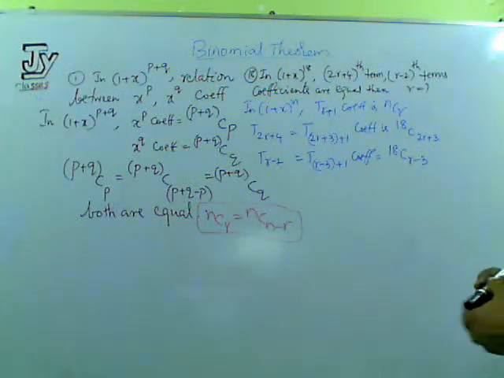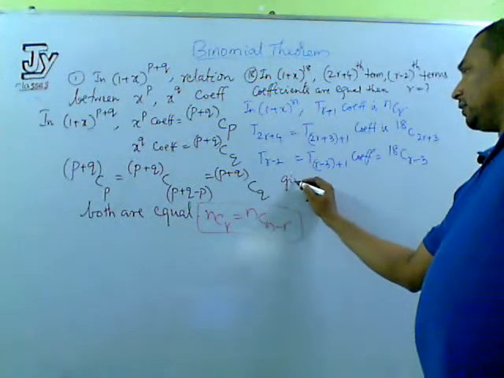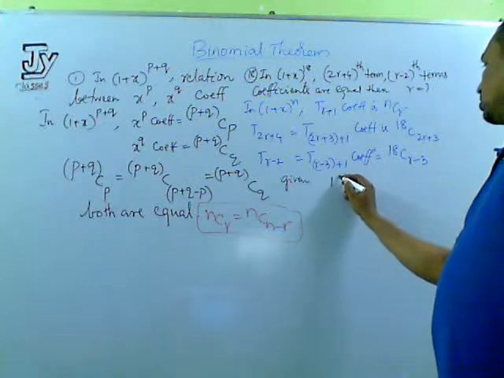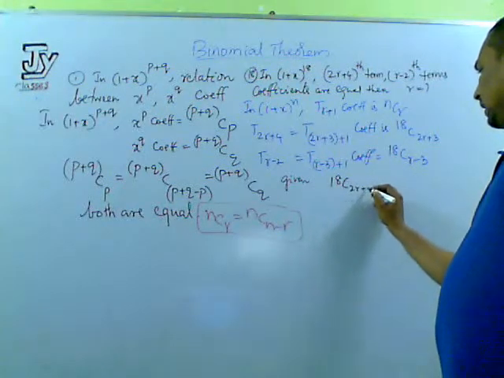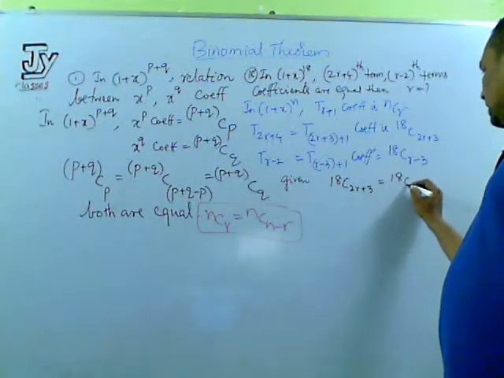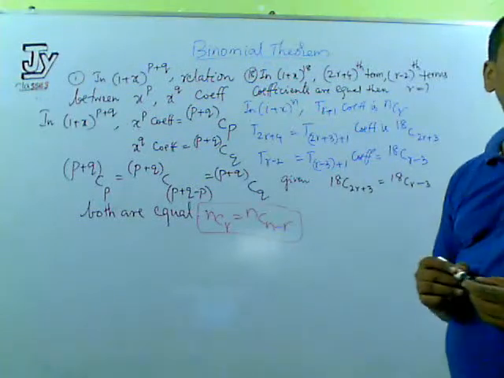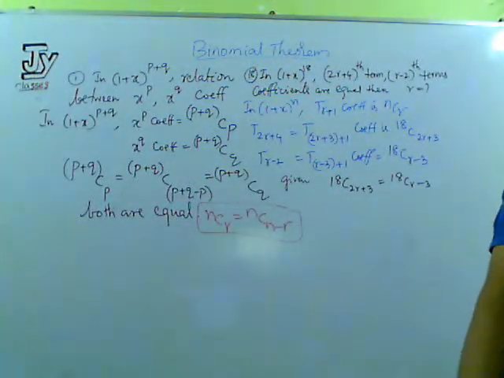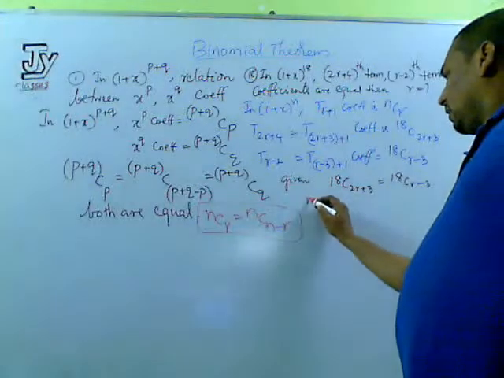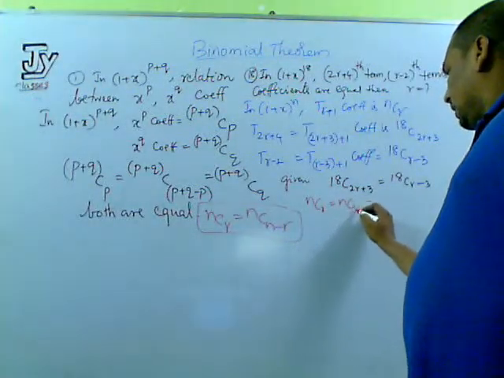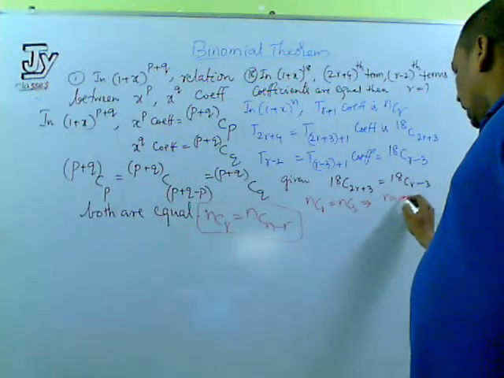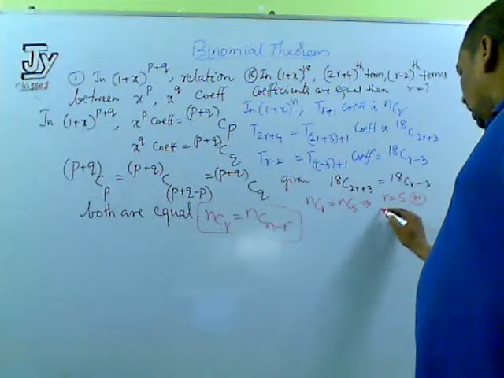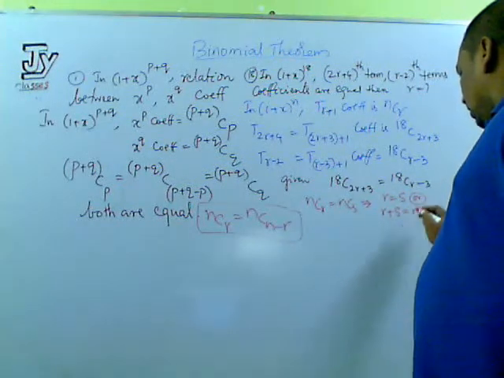Now what is given? These two are equal. So 18C(2r plus 3) is equal to 18C(r minus 3). Here the condition is nCr is equal to nCs, that implies r is equal to s, or r plus s is equal to n.